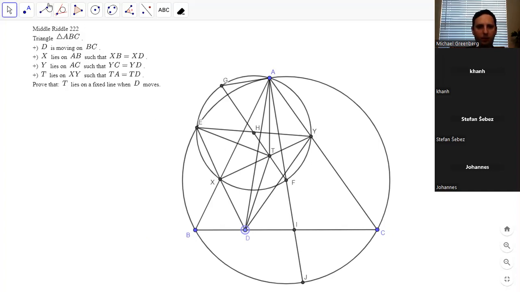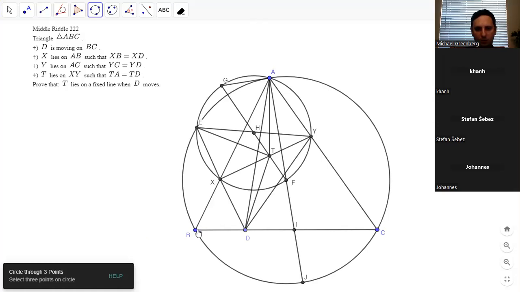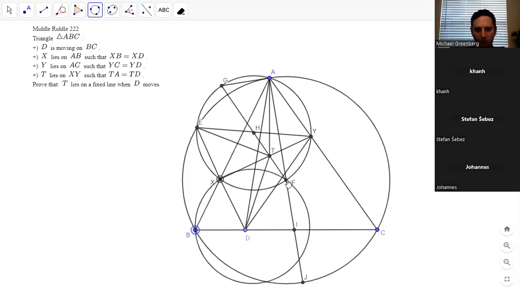Let me try something. I'm trying to use a lot of sines because we just need to show sine BXF is sine of FYC, and sine BXF over BF is equal to sine FYC over FC.